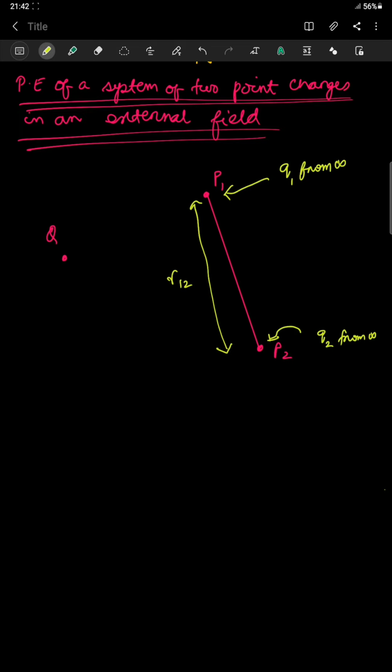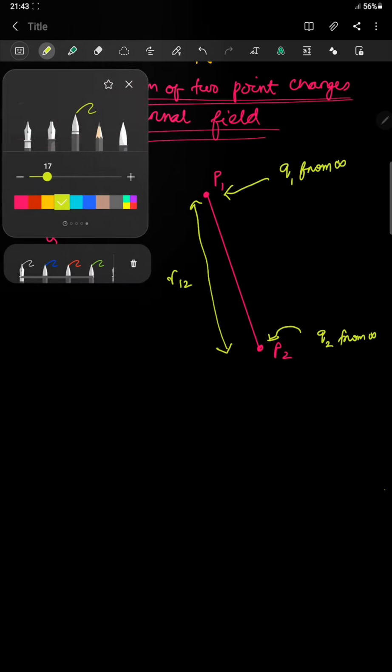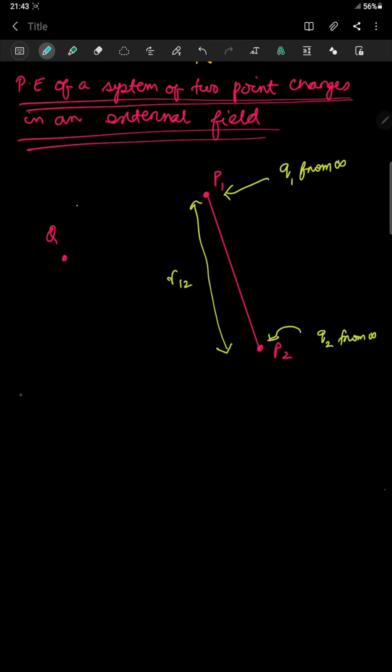In the previous one, we don't have any source charge, we bring 3 charges, but here already there is a source charge before we bring q1 and q2. Okay, so in this case, how to proceed? Here we will assume that v(r1) vector is the electric potential at p1 in presence of the electric field.